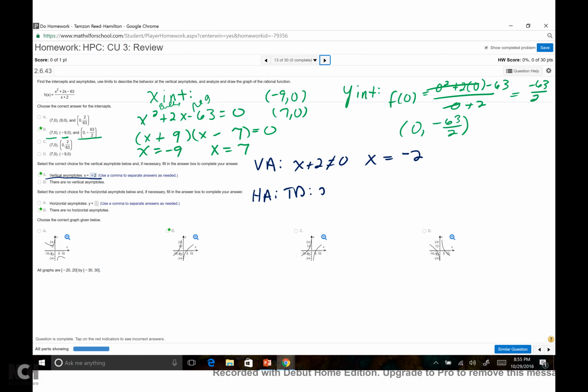My top degree is 2. My bottom degree is 1. Top degree is bigger than bottom degree, so there is no horizontal asymptote. Okay, and if we type it in the graphing calculator, we get this, because it's going to follow some sort of slant asymptote, which they didn't ask me to find. Okay, so there would be the graph.